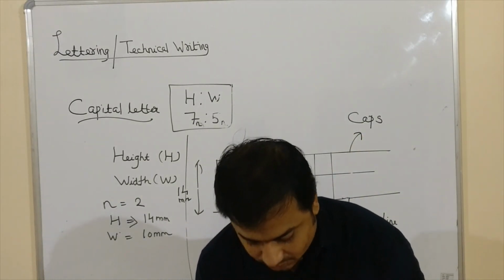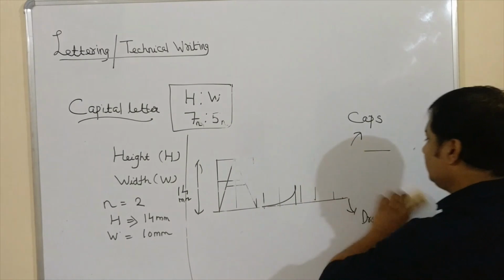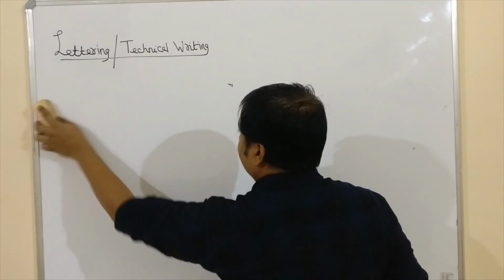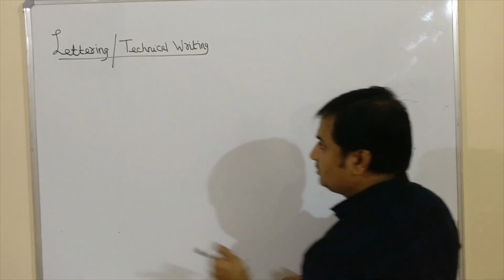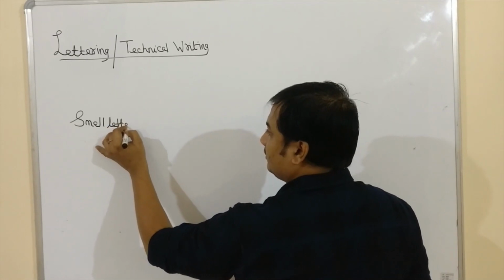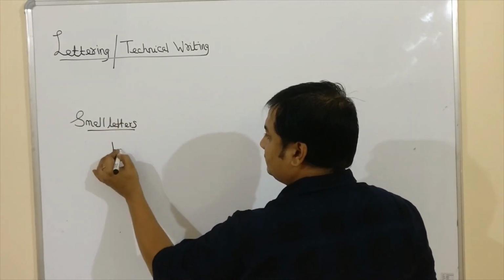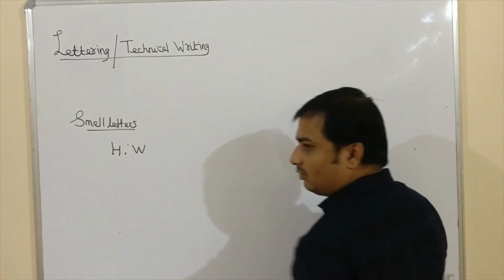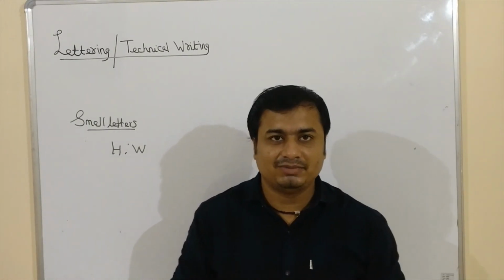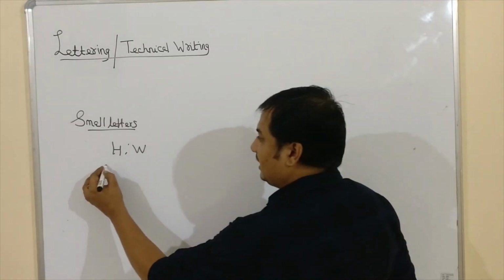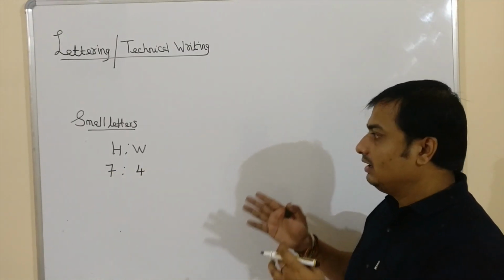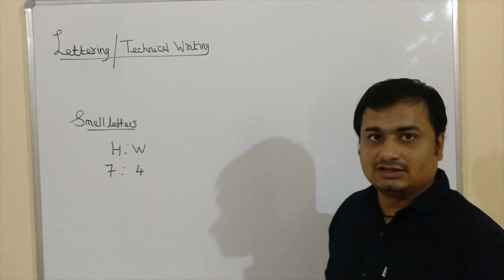Now if we talk about the small letters, the parameters will be the same, that is height and width. The only difference is the ratio. In the case of capital letters, the ratio was 7:5, but in the case of small letters, we have to maintain 7:4. This is the ratio of height and width for small letters.